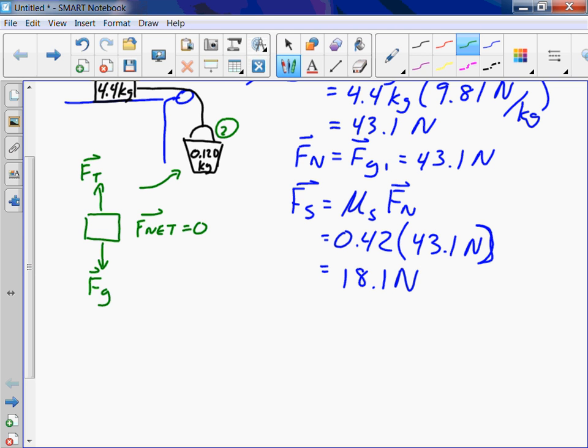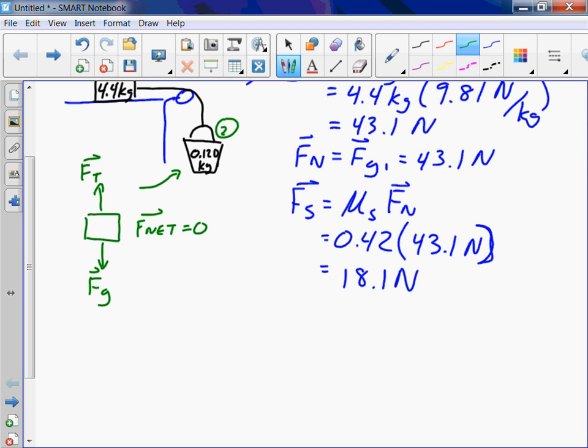Okay, so all we have to do to solve part B is to recognize that this force of tension has to be equal to that 18.1 newton static frictional force. That's going to be the maximum force that we can apply without moving the block on the table. So that also is going to be equal to the force of gravity acting on the bucket.